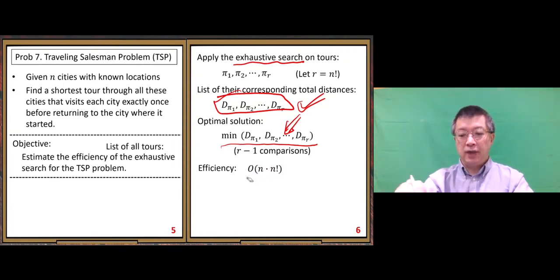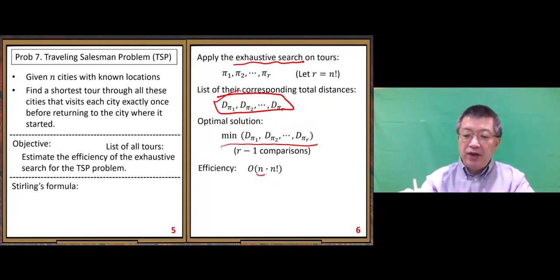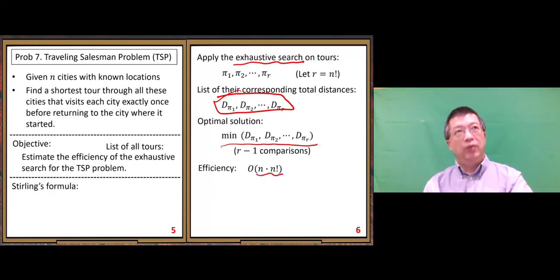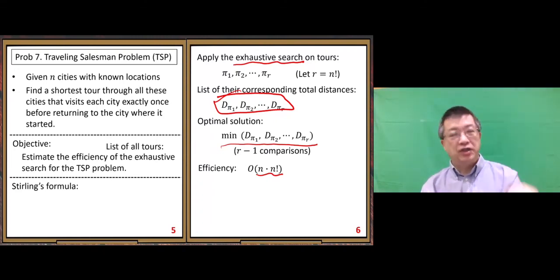Next, to estimate n factorial, we need to use Stirling's formula. We used that before when we calculated the n factorial limit and compared growth functions.